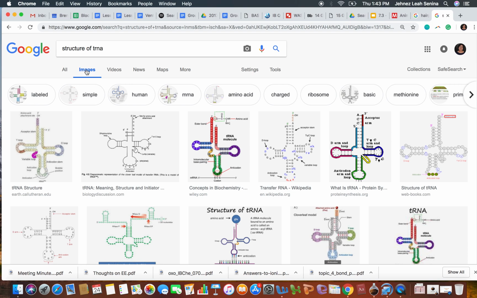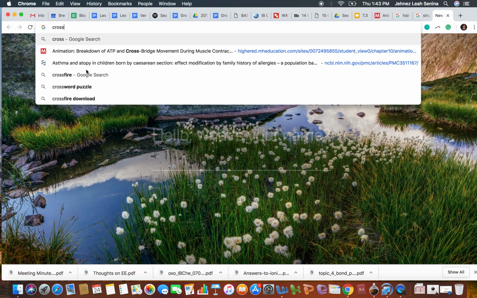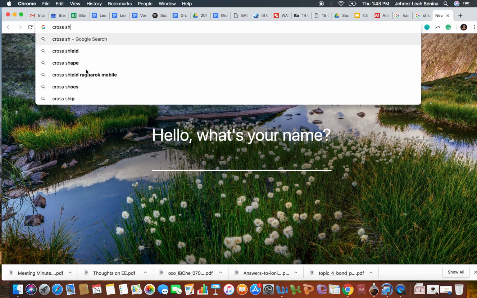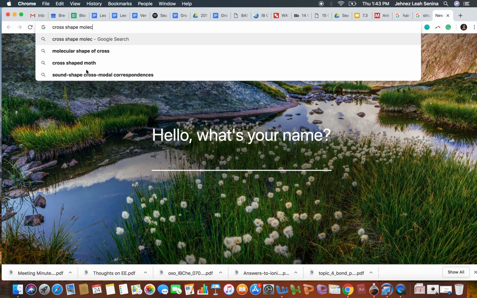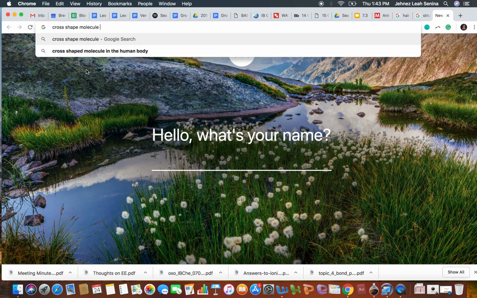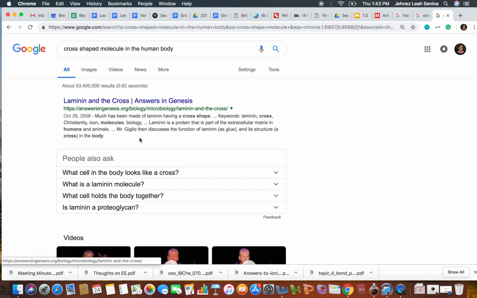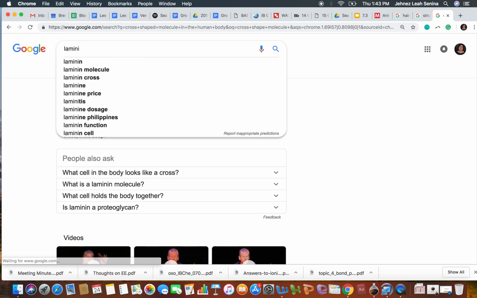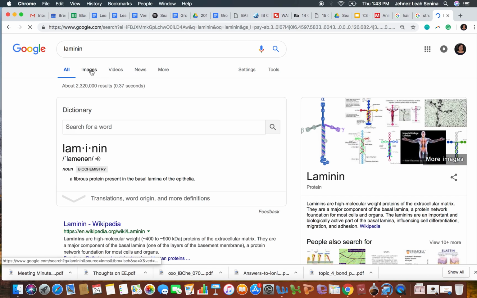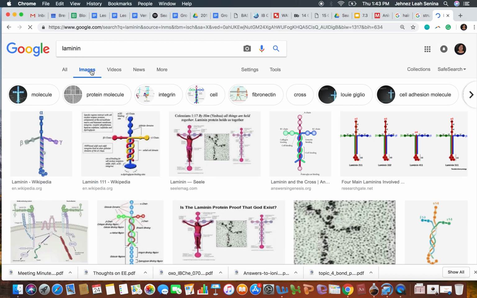There was another molecule, hold on. Cross-shaped molecule. Laminin. This one. This was another cross-shaped molecule, laminin.